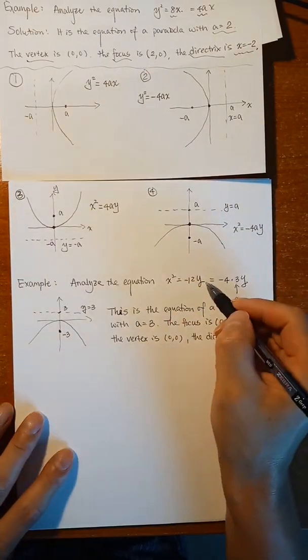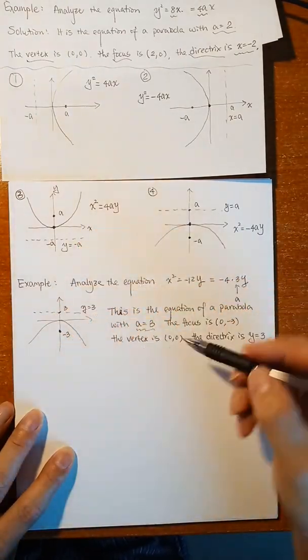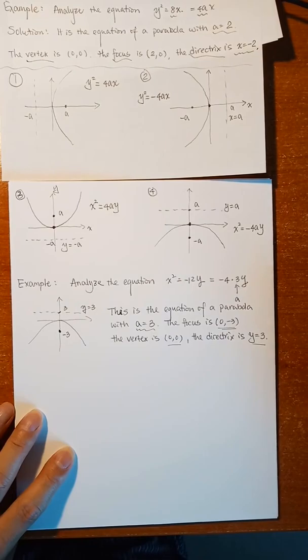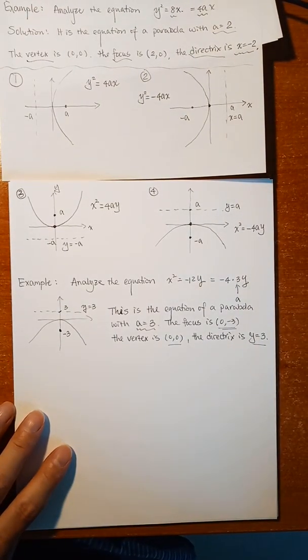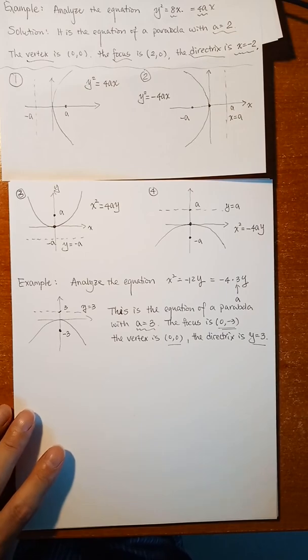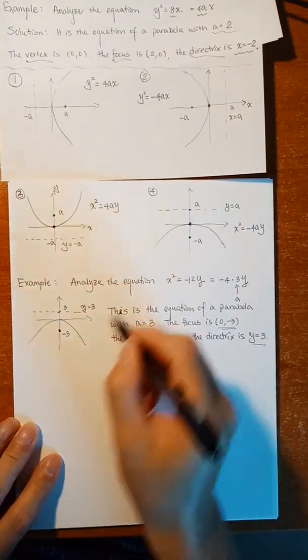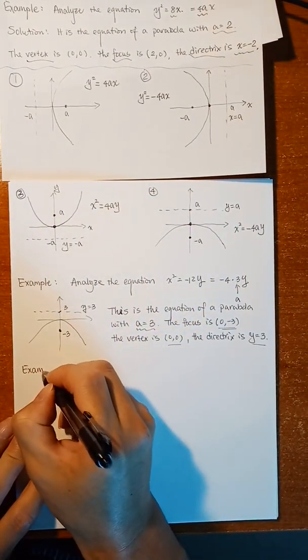From the equation, you figure out a, and you know it's opening down, and you can determine the focus, vertex, and the directrix. And this is from algebra to geometry. Let's see from geometry to algebra.